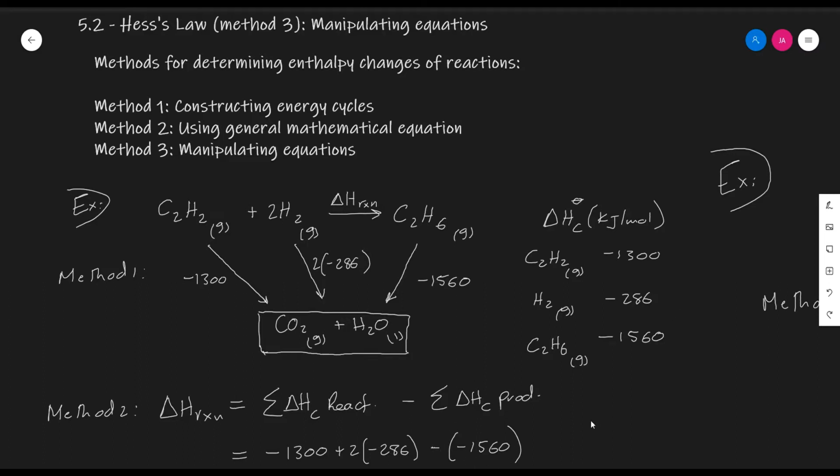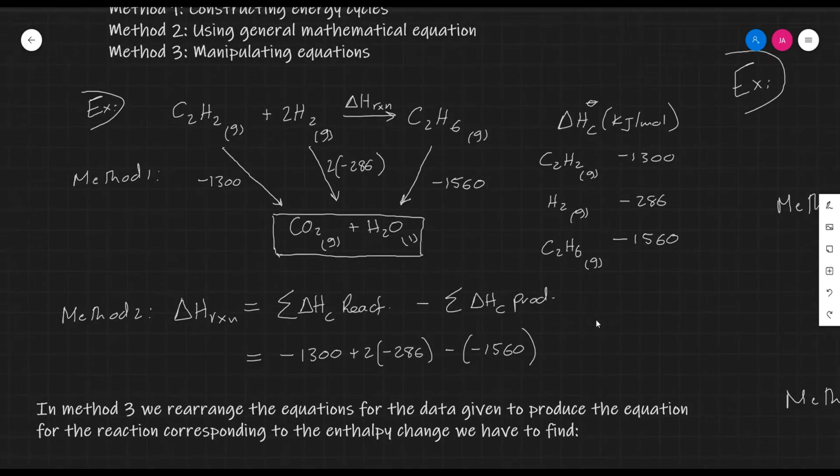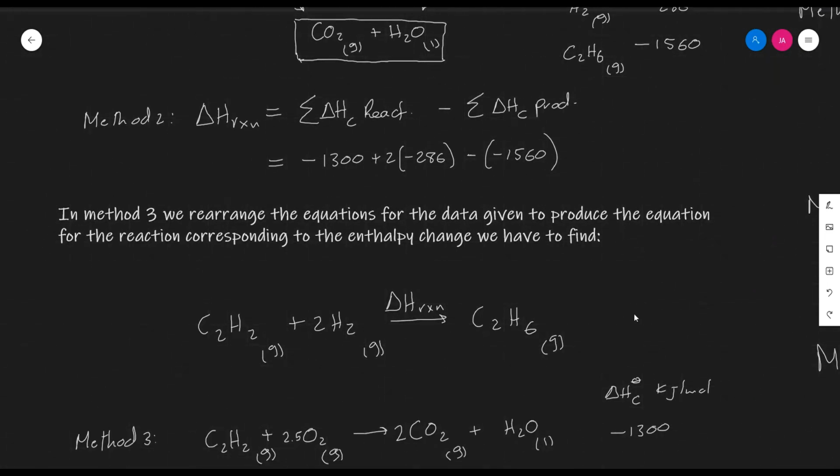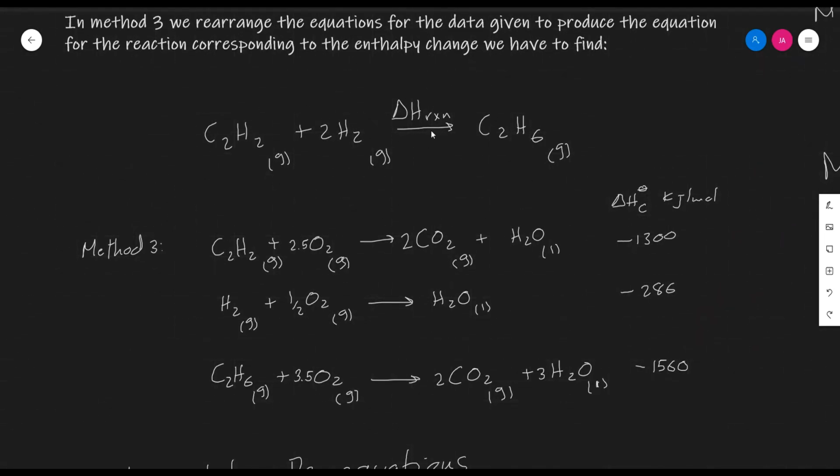The third method, which is manipulating equations, you would normally be given these enthalpy change of combustion values according to the definition or as equations, as I listed here. Thus, I rewrote the equation we need to determine the enthalpy change of reaction for, and you would be given these 3 equations. If you look closely, this is the enthalpy change of combustion per mole of C2H2. This is the definition.